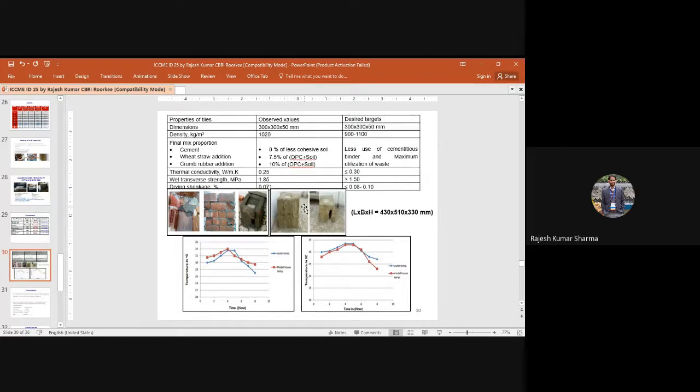The difference was approximately 4 to 6 degrees centigrade, and we used a temperature and humidity sensor to measure these data.